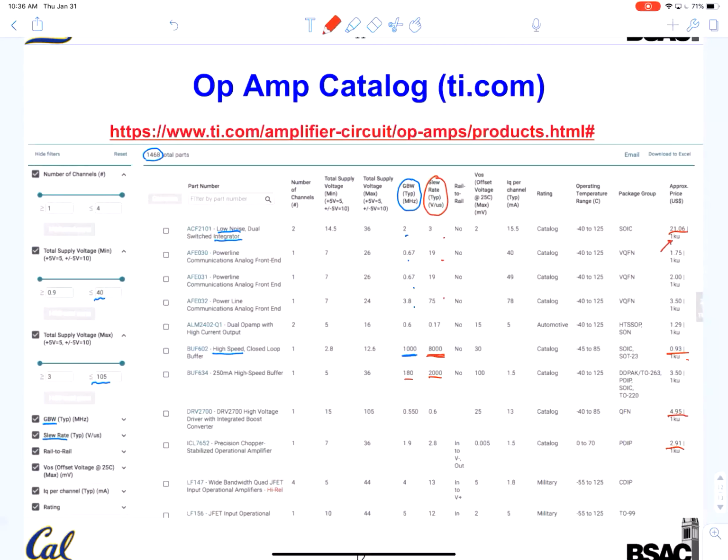Most of these are dated technologies. They are usually produced in a fully depreciated fab. What does fully depreciated mean? If I build a fab, I spend $100 million. This $100 million is my cost, right?